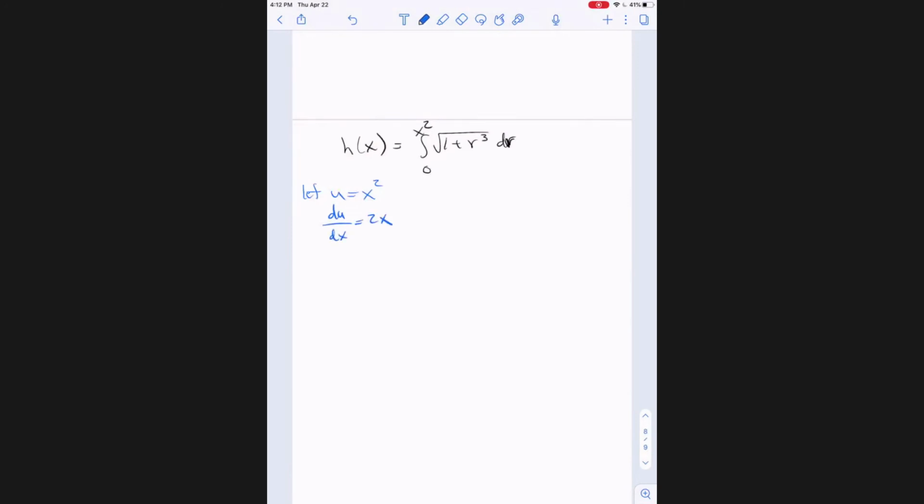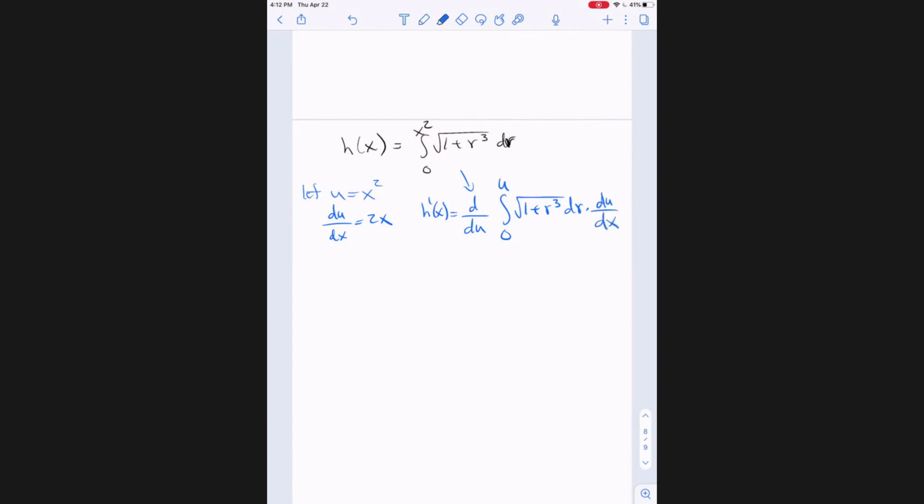When you're taking the derivative, h prime of x is going to equal the derivative with respect to u, from 0 to u, since we're doing a u substitution, of the integral of 1 plus r to the third dr. I'll explain this in a second. Times du over dx.